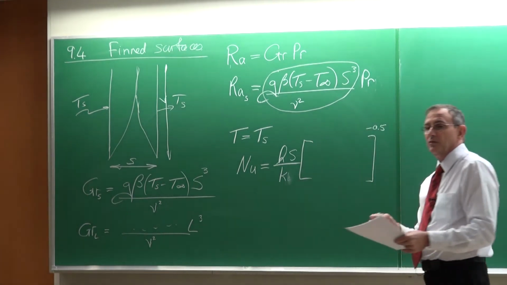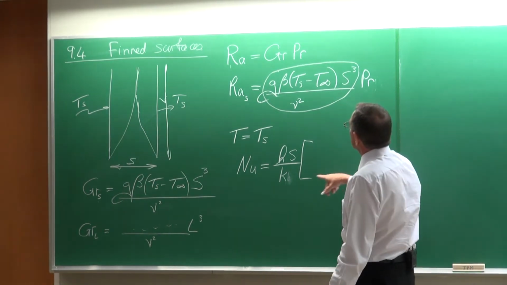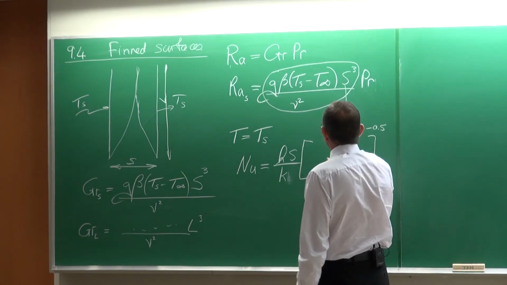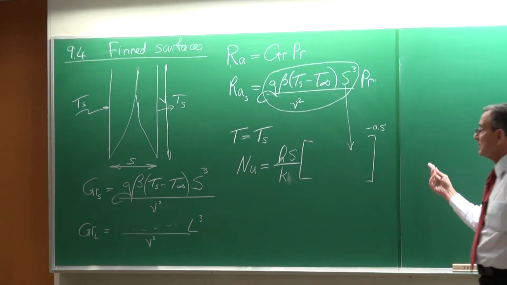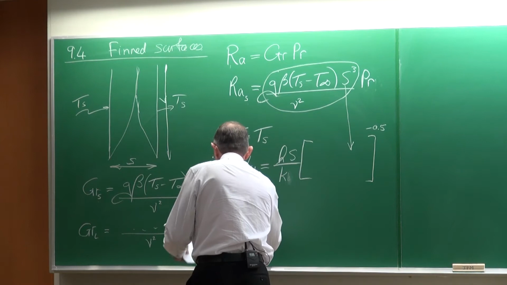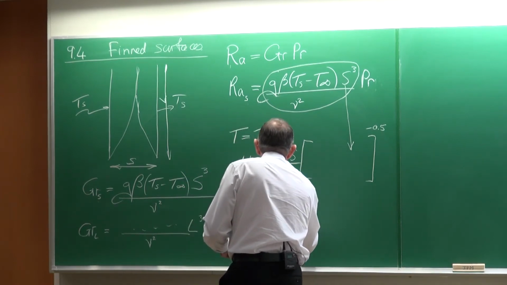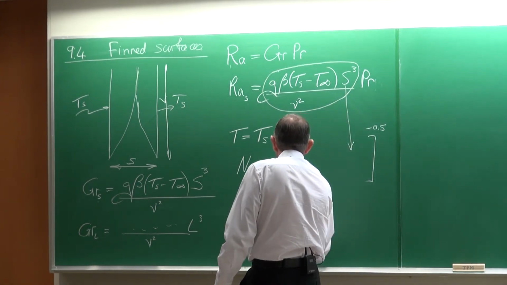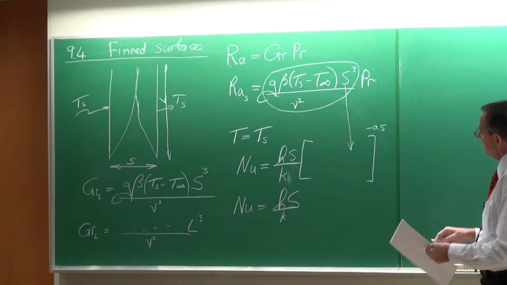For example, equation 9.31 is one of these examples. So in here, we will most probably be using the Rayleigh number based on S in the calculation of the Nusselt number, and that is why we have to determine the Nusselt number typically as equal to the heat transfer coefficient times the characteristic length S divided by k. Something like that.